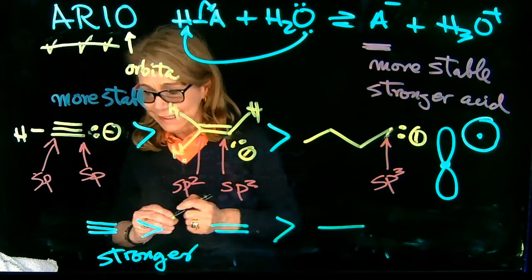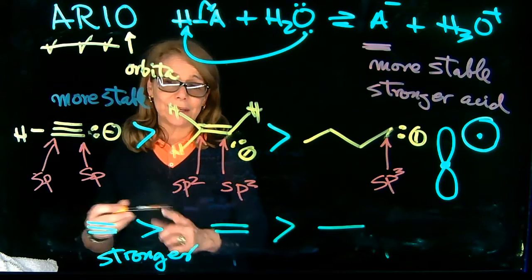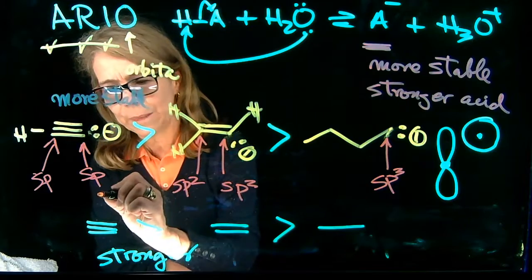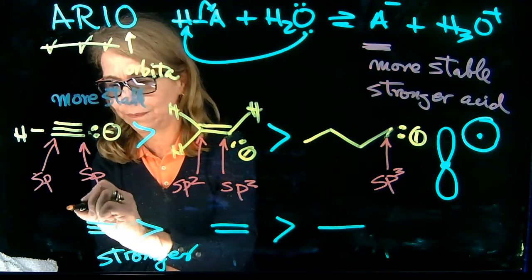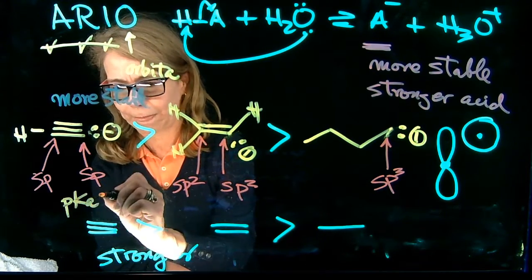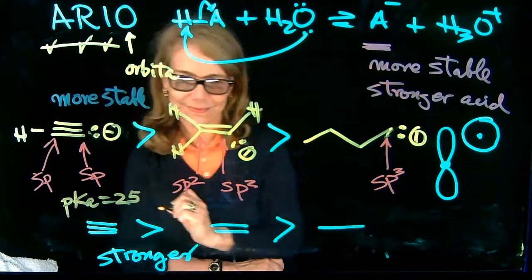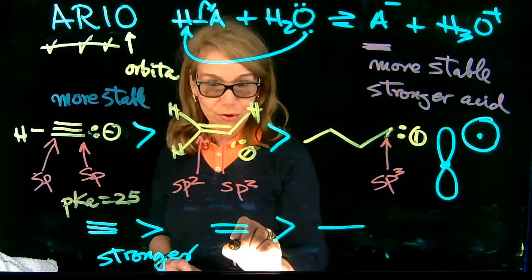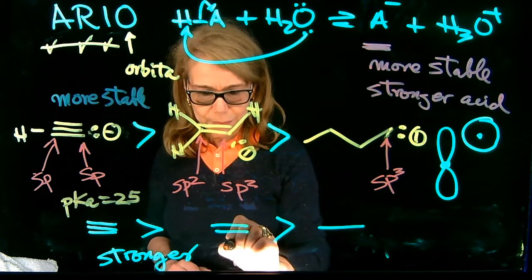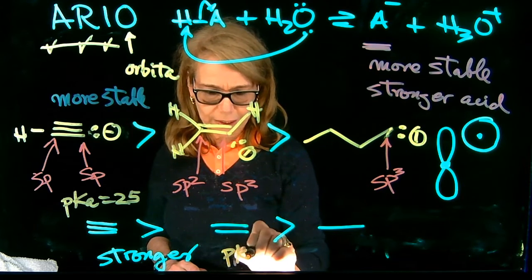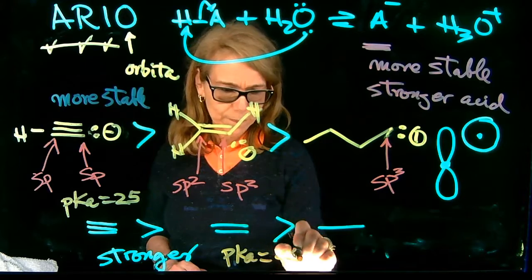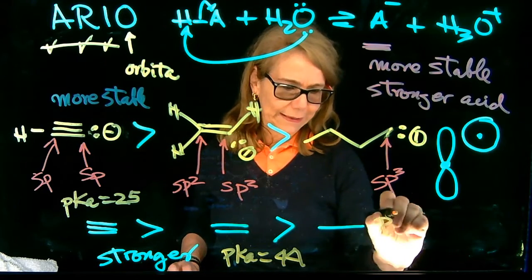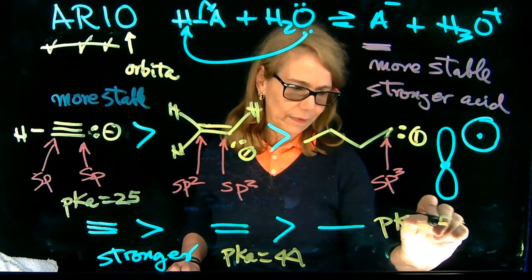So in checking that with our pKa chart, well, the pKa of acetylene, for example, is 25. The pKa, I'm going to draw it below, of the alkene is 44, and the pKa of an alkane in general is 50.